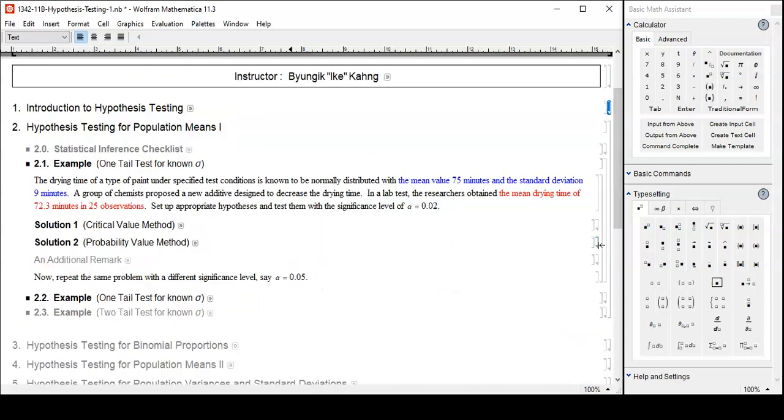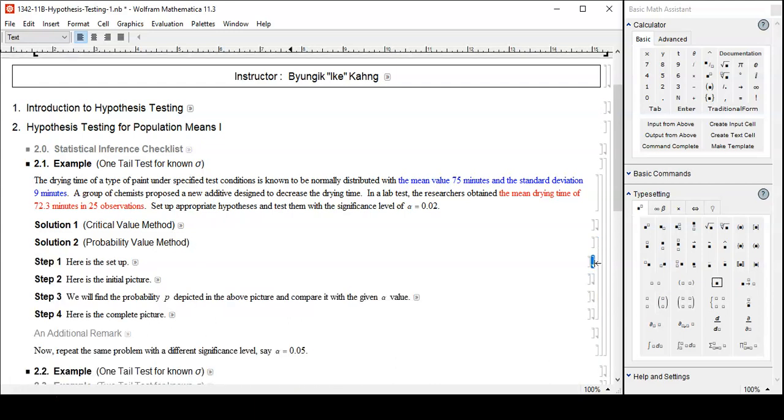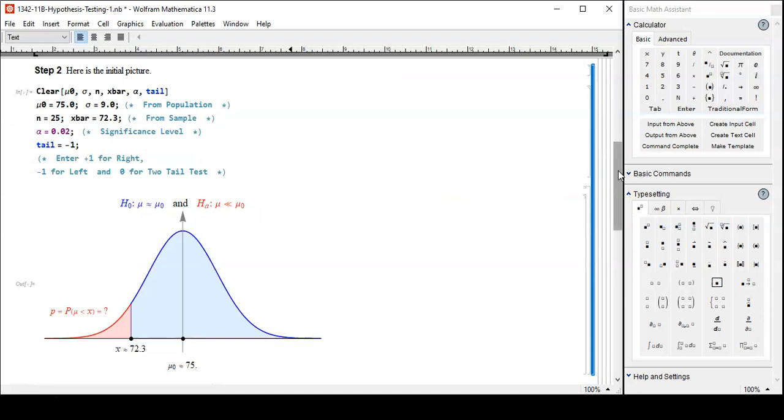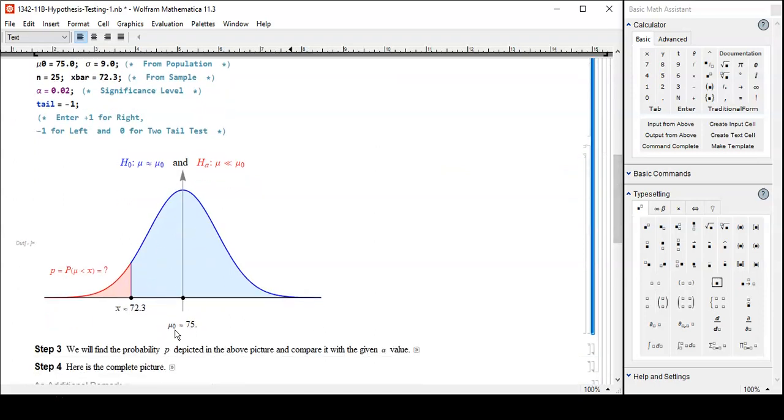Okay, let's begin. For probability value method, the setup we discussed, and here is the setup. So the center is the expected value of 75, and then we got sample mean of 72.3 minutes. And then, what is the probability that I end up with 72.3 or less, assuming the null is right?